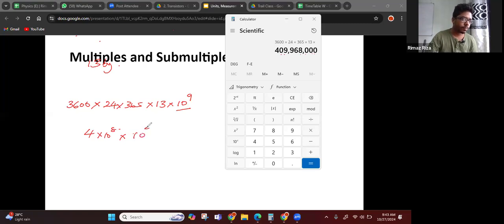So what do you get? 4 into 10 to the power 17. Understood? So this 4 into 10 to the power 17 is smaller than 10 to the power 18.